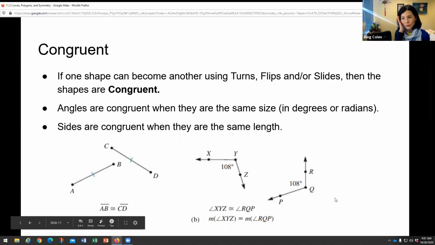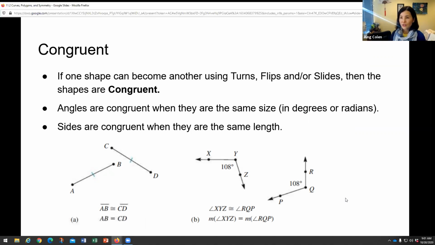What does congruent mean? Congruent means whether you turn it or flip it or reflect it, whatever you're doing, the shape does not change, and the size doesn't change either. So for congruent, you need to remember 2 things.